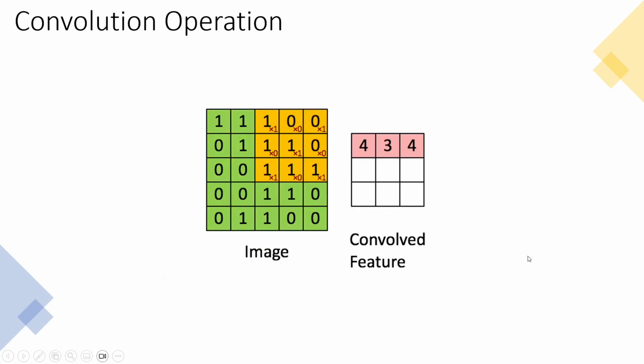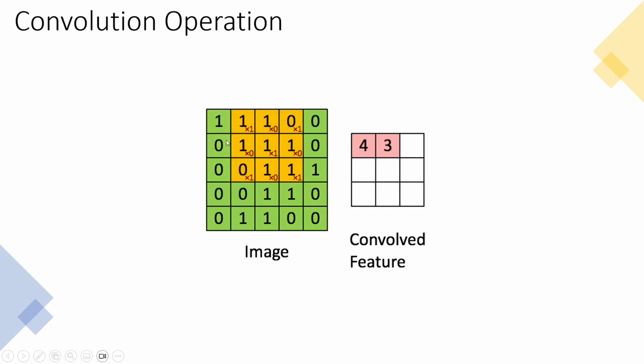So let's make another example. Here we will be convolving this 5 by 5 image with a 3 by 3 kernel, and the kernel is 1, 0, 1, 0, 1, 0, 1, 0, 1, as in this case.